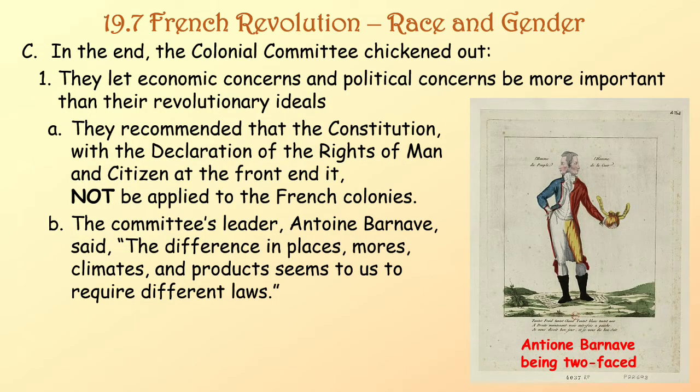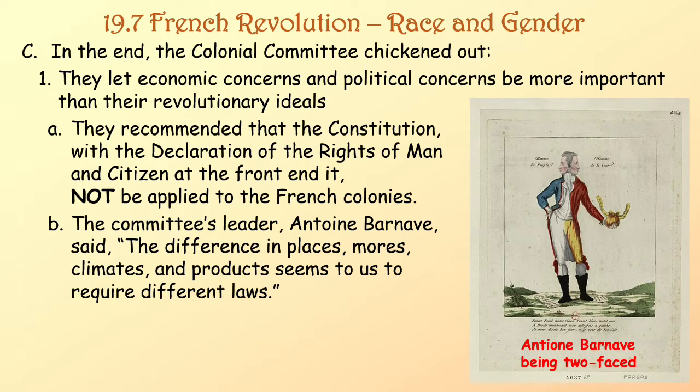In the end, the Colonial Committee chickened out. They let economic concerns and political concerns be more important than their revolutionary ideals. They recommended that the Constitution, with the Declaration of the Rights of Man and Citizen at the front of it, not be applied to the French colonies.